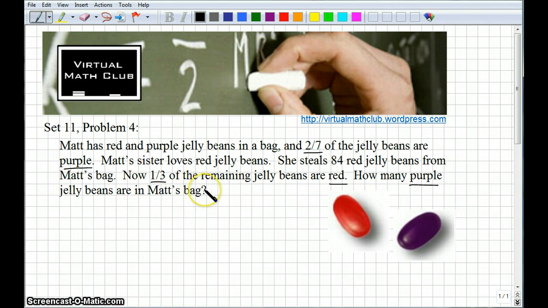In order to solve this, it's probably best to use algebra. So let's define some variables. Let's say that P is equal to the number of purple jelly beans, and we'll call R the number of red jelly beans.